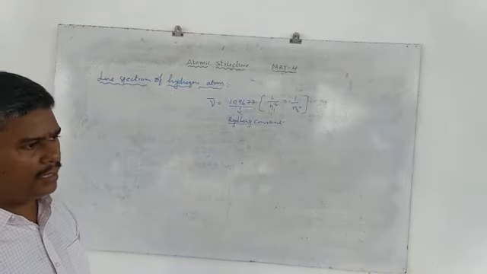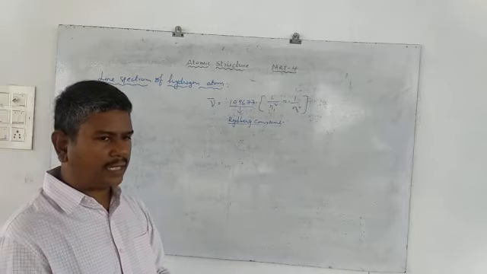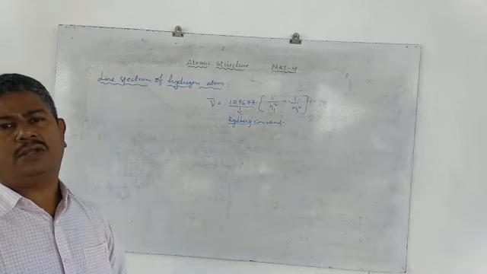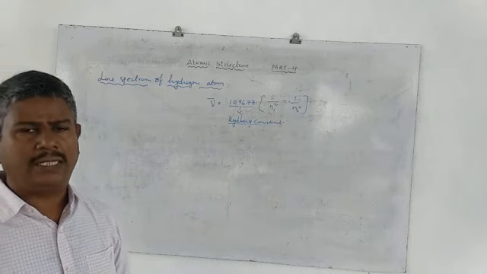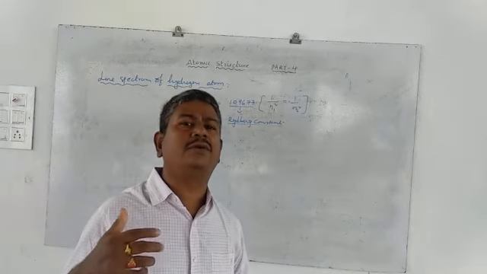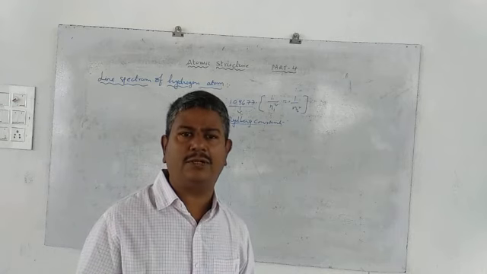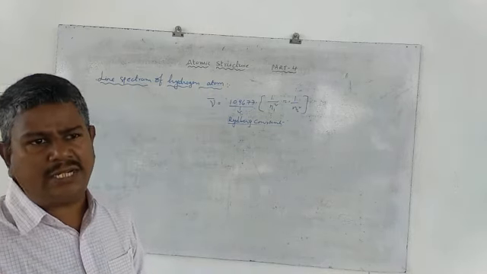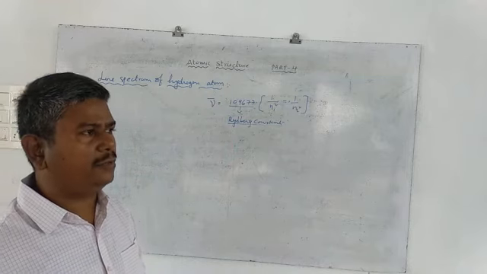So when an electrical discharge is passed through gaseous hydrogen molecules, they split into hydrogen atoms. Along with that, a certain amount of energy is radiated in the form of electromagnetic waves.